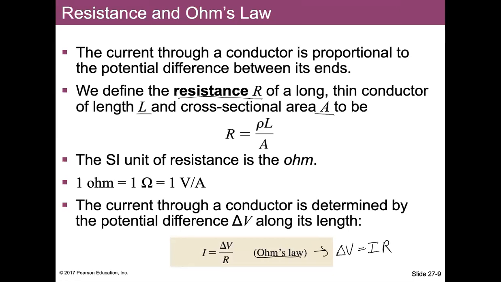And that is Ohm's law, where we see that the current is directly related to the difference in the potential, with 1 over the resistance as the constant of proportionality.